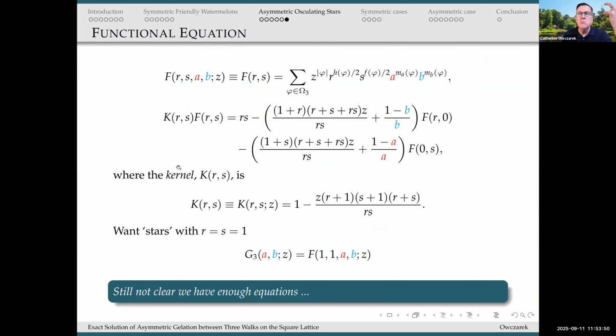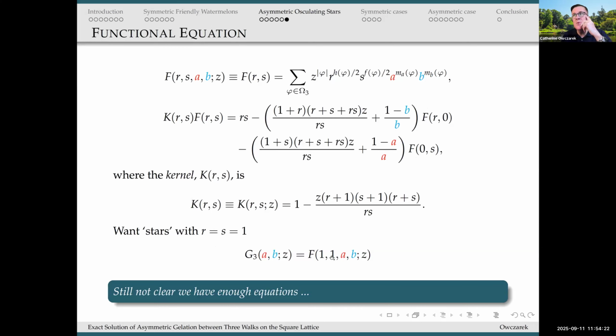Okay, so we went about finding a functional equation for this problem. Here it is, a different kernel. It looks similar, but different, and I'll highlight that there's A and B here, but you can see things would simplify if A does equal B. And what we want is when R and S are at 1, not R and S at 0, because we want to sum over all possible endpoints.